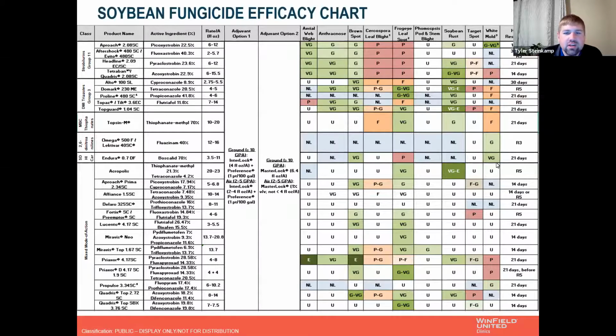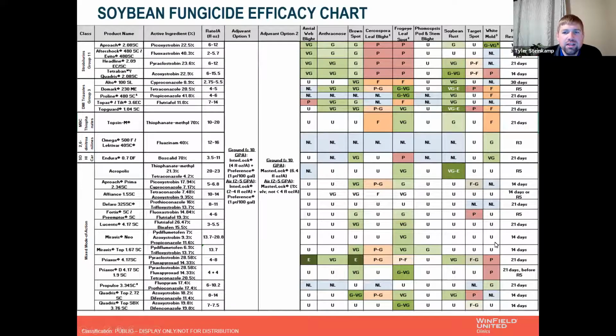Endura is going to have the best control on it, followed by Approach, which is fairly decent on it as well. Mirvis Neo, when this data came out, was unlabeled at this point, and I'll have to look in the new crop protection guide when that comes out.